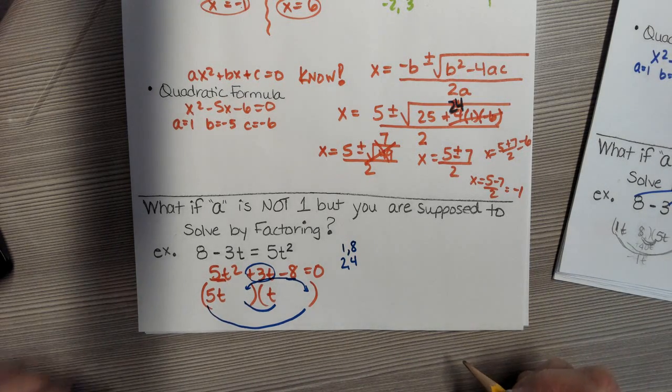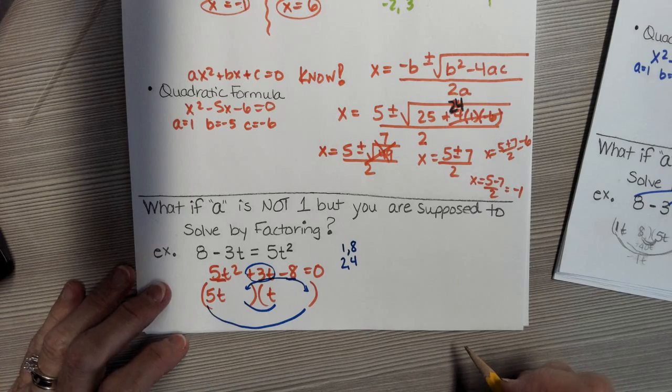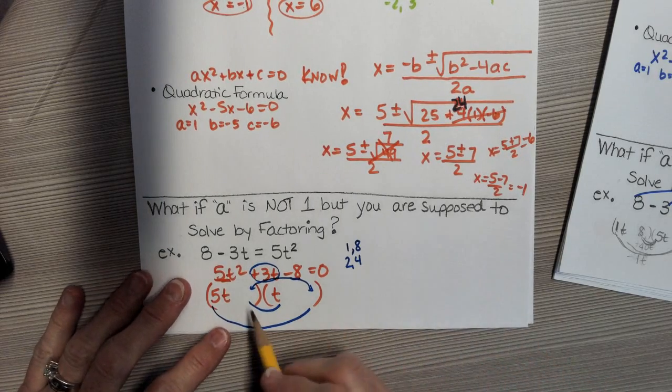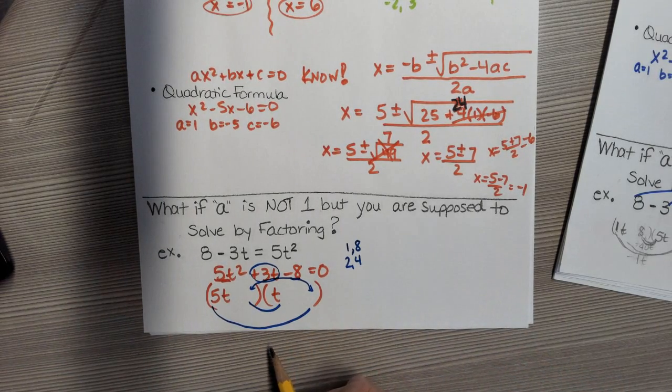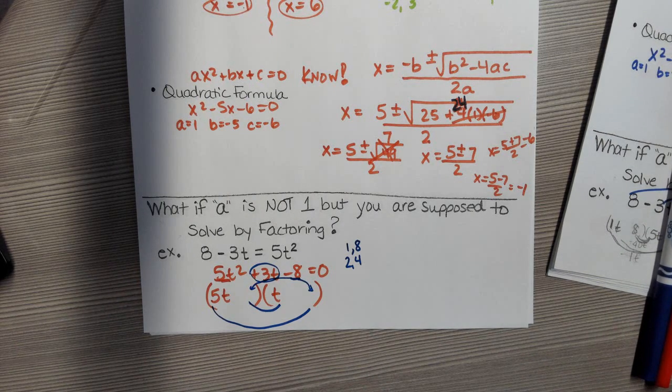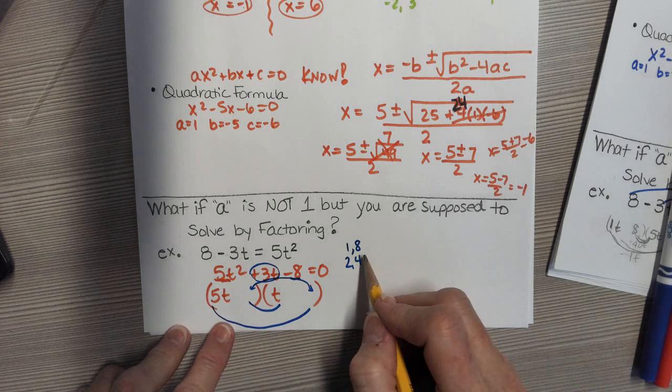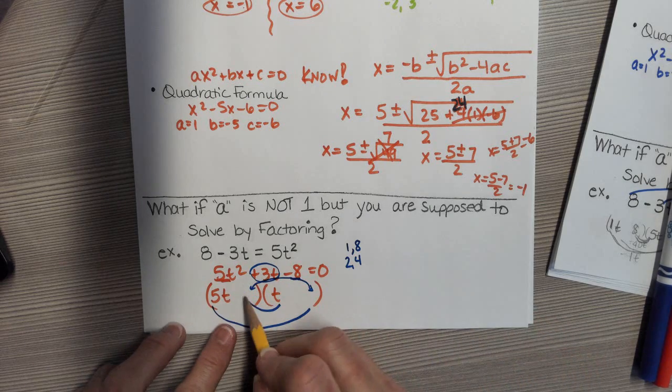So I like to use a pencil for this so that in case I want to rearrange and change to a different combination, I can do that pretty easily. If I start with the factors of 1 and 8, I'm actually going to do it backwards so that you can see it doesn't work at first and I've got to rearrange.